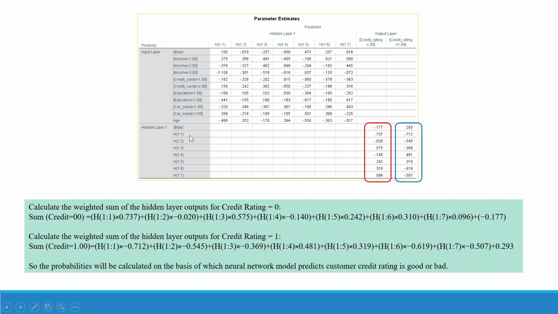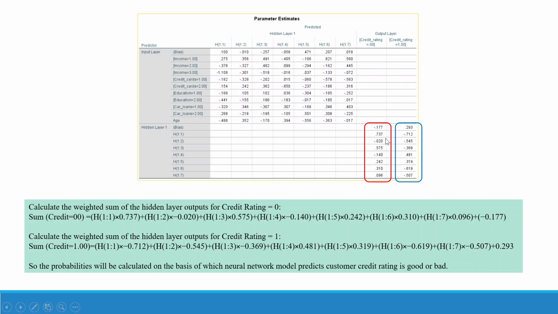Now what I'll do, I'll multiply it. Calculate the weighted sum of the hidden layer outputs for credit rating equal to 0. So we'll talk about the rating part. Sum credit equal to 0. H1:1, just see here, 0.737. H1:2 minus 0.020. 0.575, minus 0.140, 0.242, 0.310, 0.096, plus the constant term, that is the bias, minus 0.177.